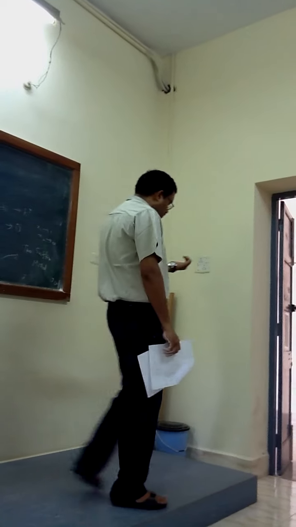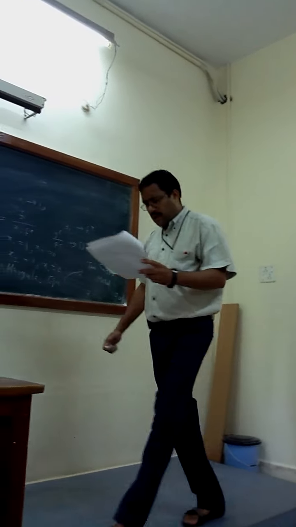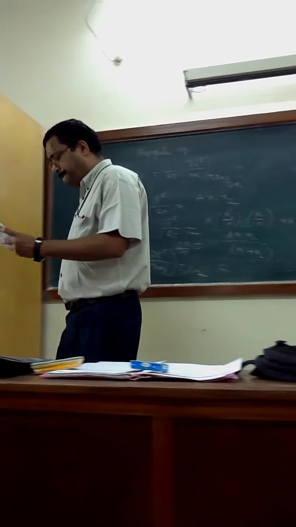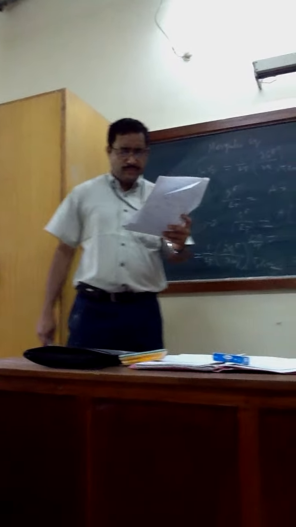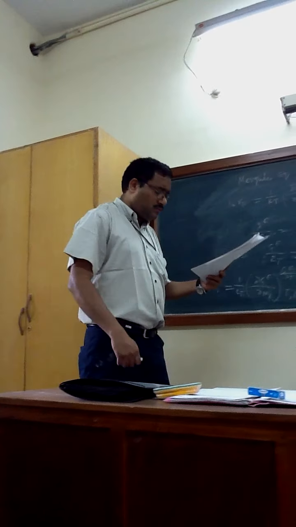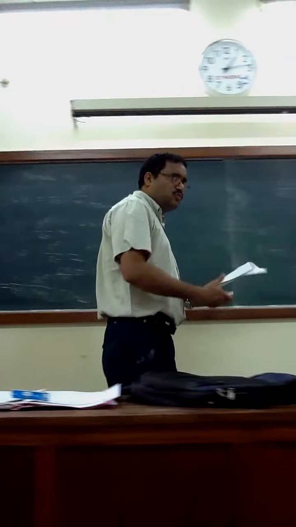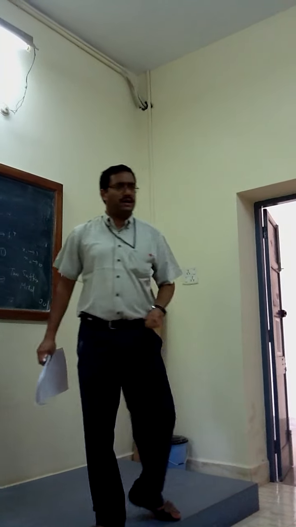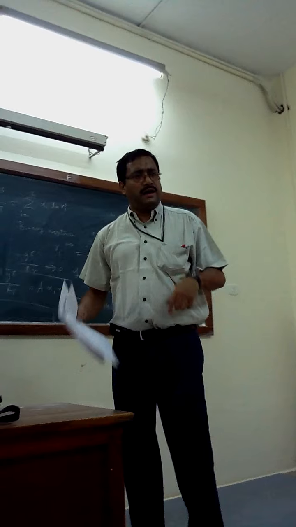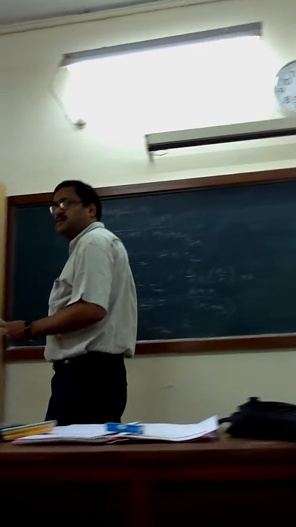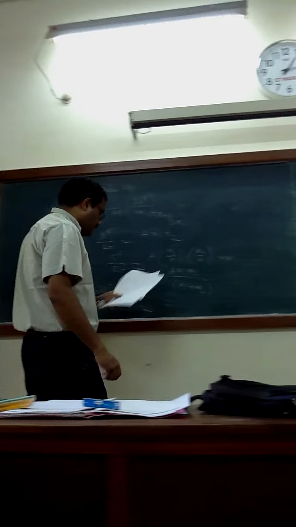So A into N2 by N1 plus N2 minus N1 N2 by N1 plus N2 whole square. Can you simplify in terms of mole fraction? Only one term will be there: A into N2 square by N1 plus N2 whole square. In terms of mole fraction then, A x2 square.